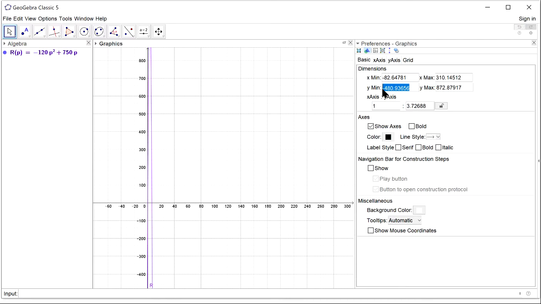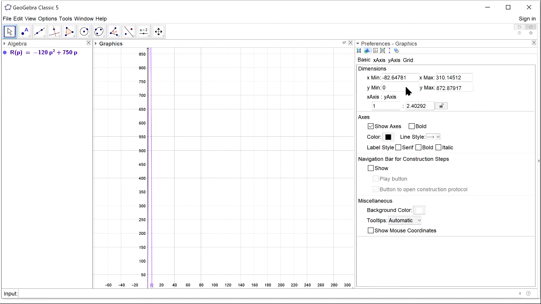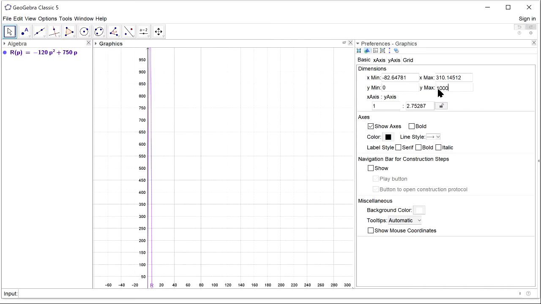I'm going to set the y minimum to be 0 so that I can still see the intersections with the y-axis. For the maximum value, you can see it automatically adjusts to 873, but that's still not big enough. So I'm going to try 1000 just to test it out, and you can see it's still not big enough.